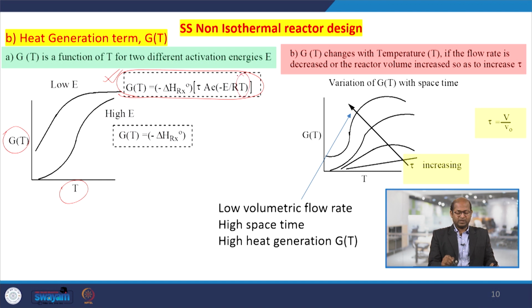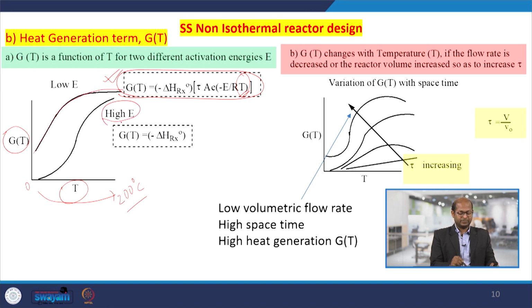So, if the other parameters are known, then we change this T, let us say 0 to 200, any temperature, degree centigrade or Kelvin. So, G of T would be like this, it would follow this line.